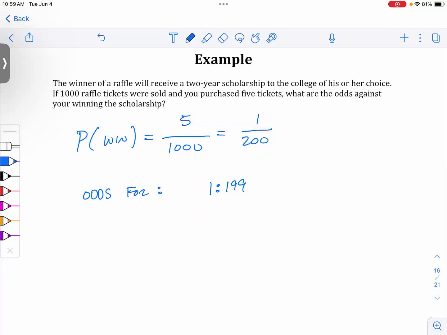But we were actually looking for odds against. To do odds against, all you have to do is flip it. That then becomes 199 to 1, and that's what we're actually looking for.